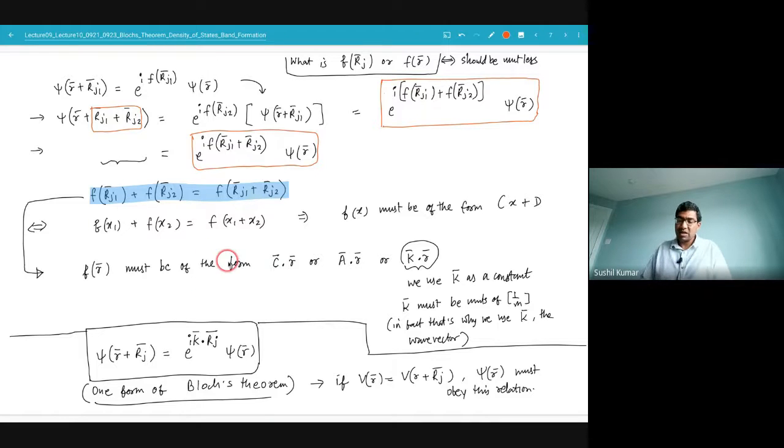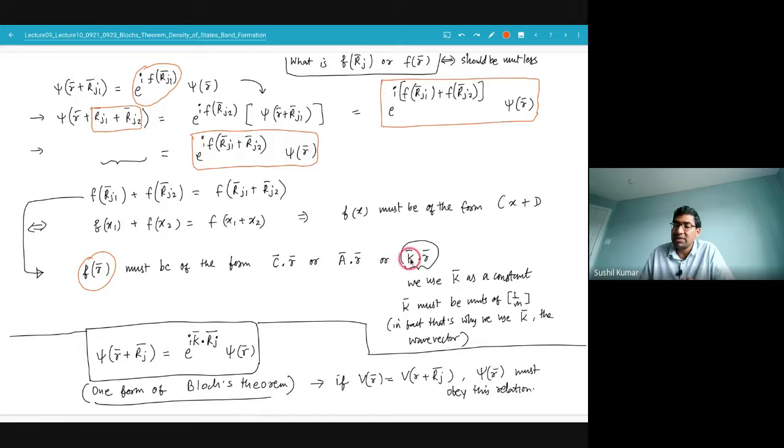So what I have argued here is that this f of r in the phase factor must be of the form of some constant times r. We can call that constant c or a or anything, and it's a vector. Since r is a vector, that constant could be a constant vector, with a dot product. We call that k, because k is traditionally used as a wave vector.